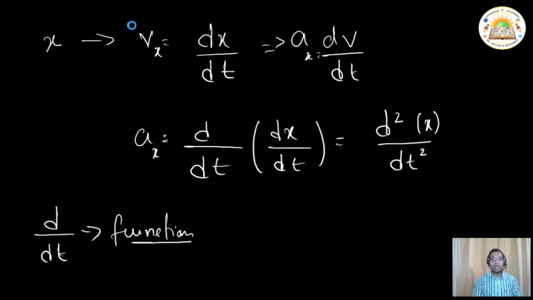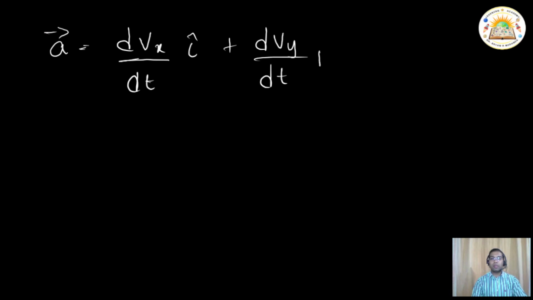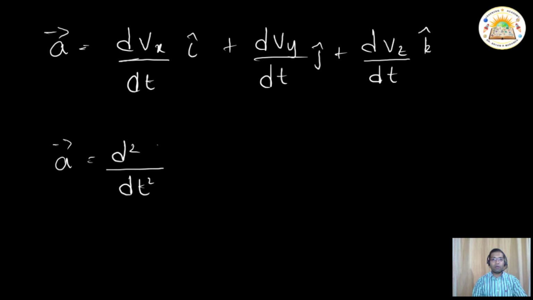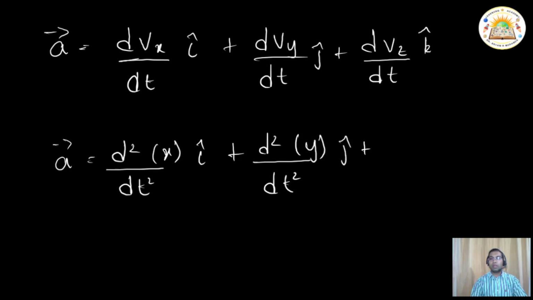So I can write acceleration as dvx by dt i cap plus dvy by dt j cap plus dvz by dt k cap, and this I can still write as d square by dt square of x i cap plus d square by dt square of y j cap plus d square by dt square of z k cap.